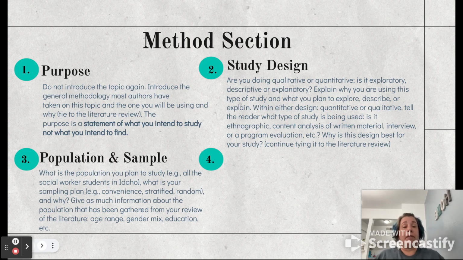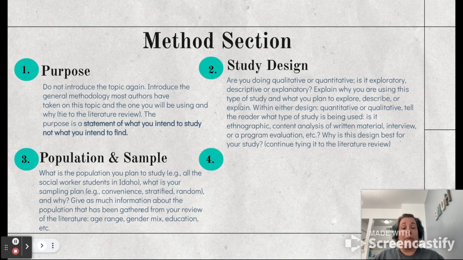So again, for example, let's say I'm doing a study and I am using a school district where I live. Well, I'm obviously not going to pull every single person from that population. So then I have my sample.